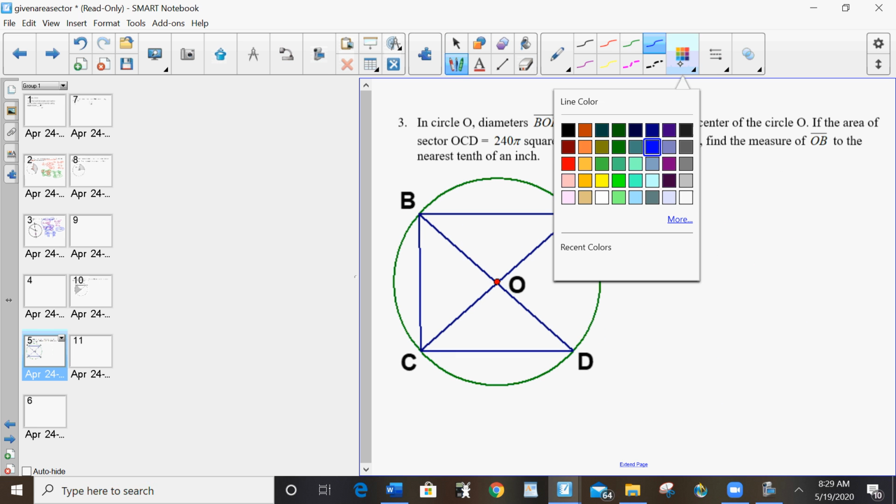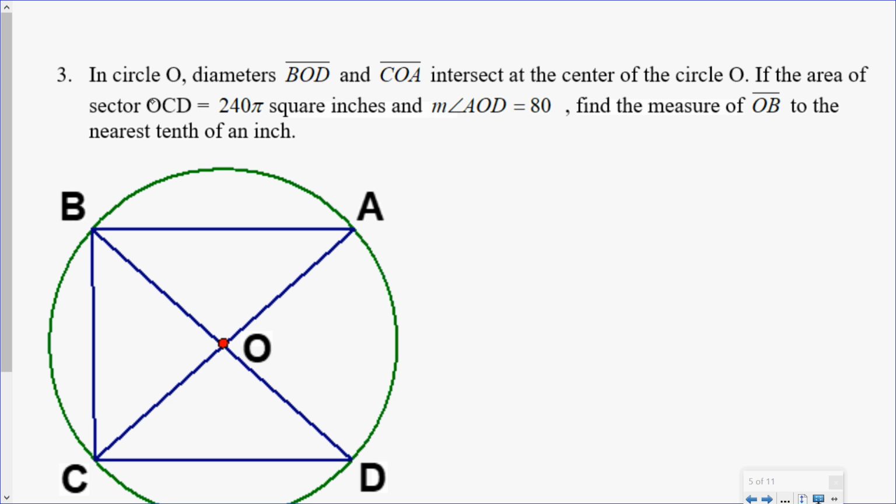Let's get a fun new color. Let's do some orange. I never do orange. In circle O, blah blah blah. Area of a sector, theta pi r squared over 360.